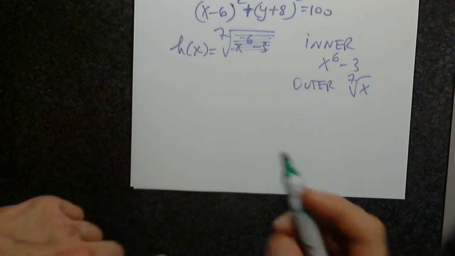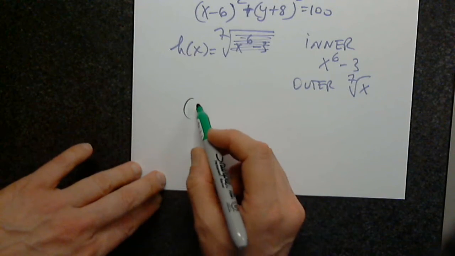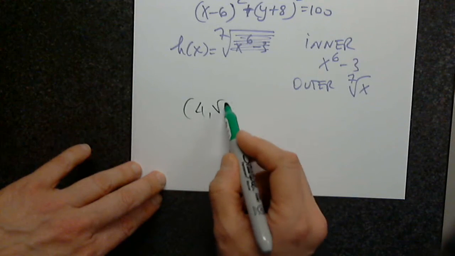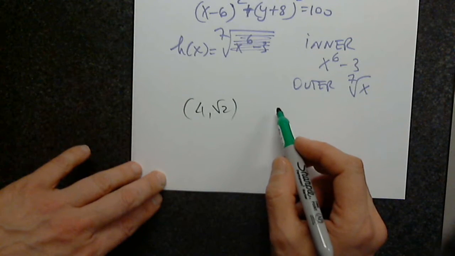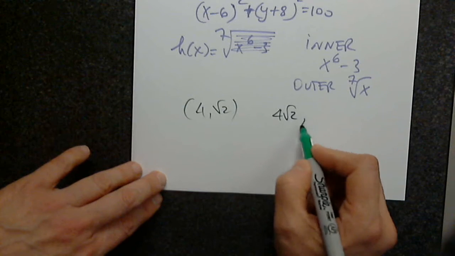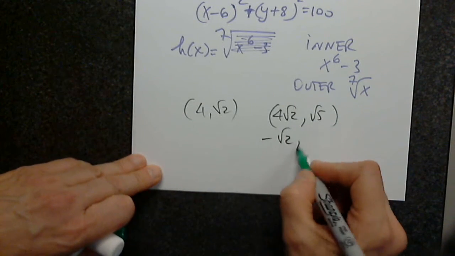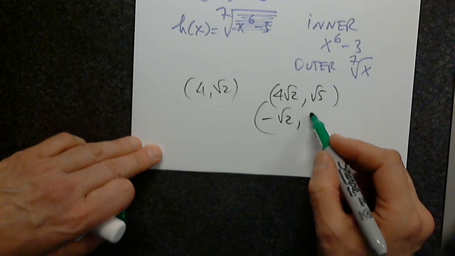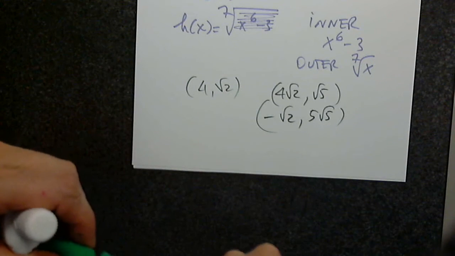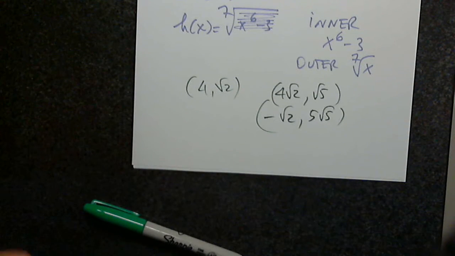It's in parentheses 4 times the square root of 2, comma, square root of 5. And then negative square root of 2, and comma 5 square root of 5. Very good. So we want to determine the midpoint?